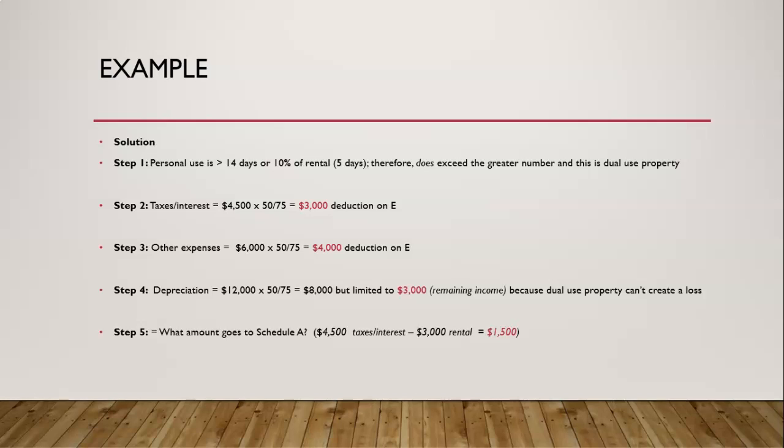If I itemize deductions, I'll be able to use 1,500 from this house as deductions on Schedule A. If I don't itemize, of course, then I will not be able to use that 1,500. I also cannot use any of the other expenses, the utilities and snow removal, depreciation, all that kind of stuff. There's nowhere for me to subtract any of that of the personal part of it.